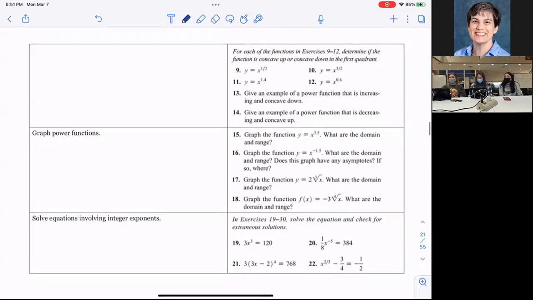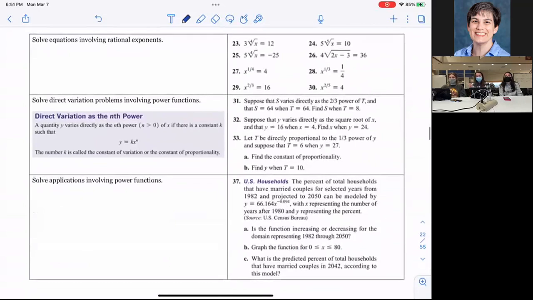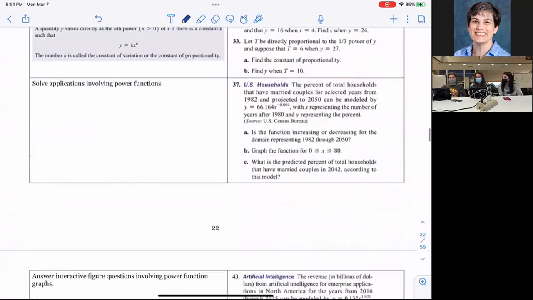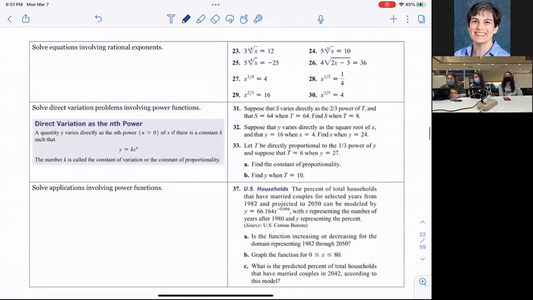All right. What about this page? Do we have any questions about these sections? All right. Oh, 26.